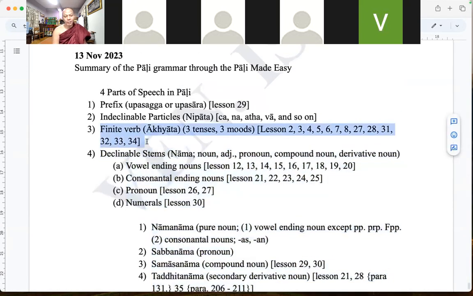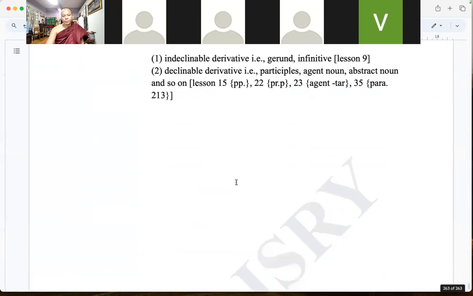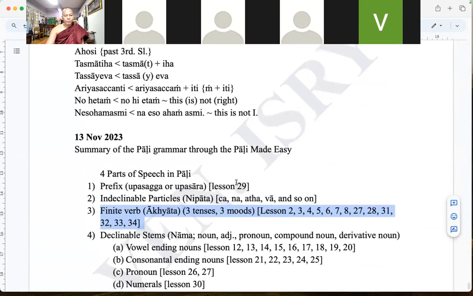Verb is not so complicated, we already know that. But the noun system is quite wide and quite a bit complicated. But we have done it. So in this way we can digest and summarize the Pali grammar.